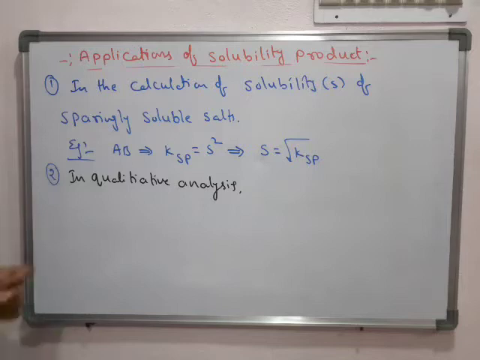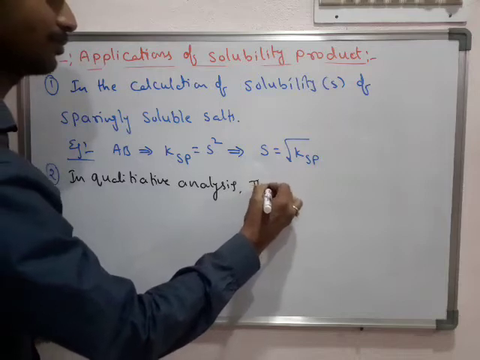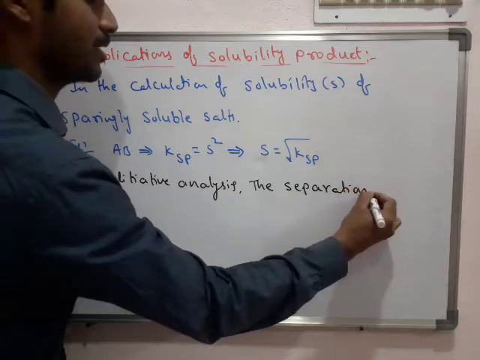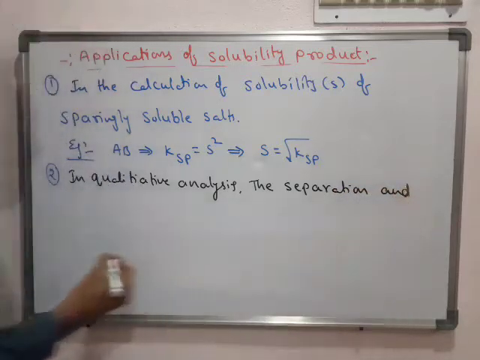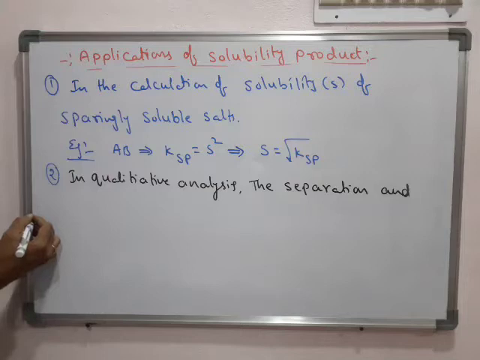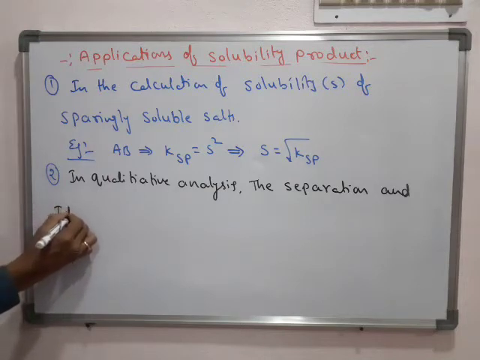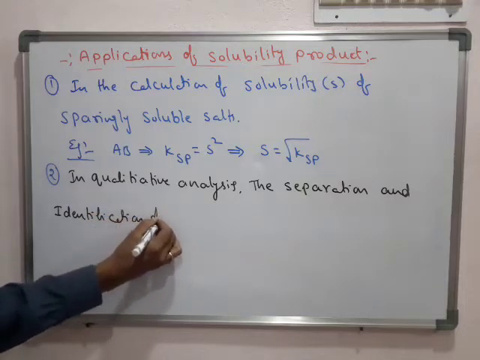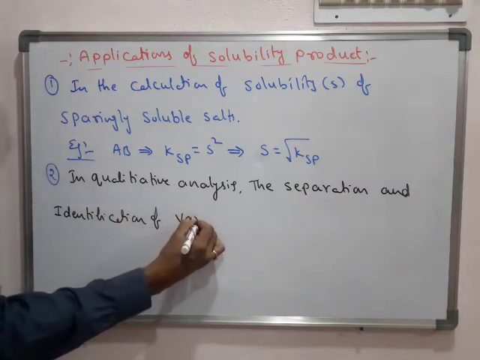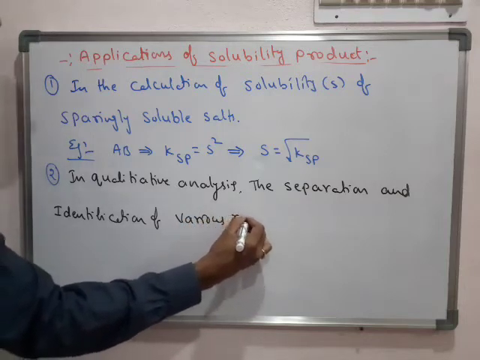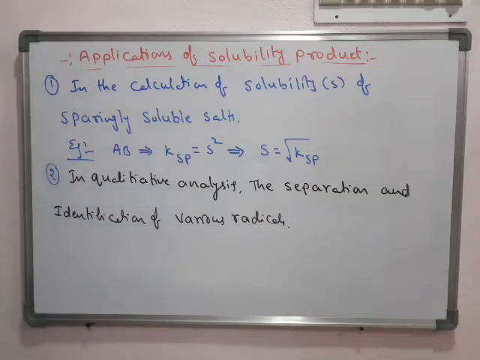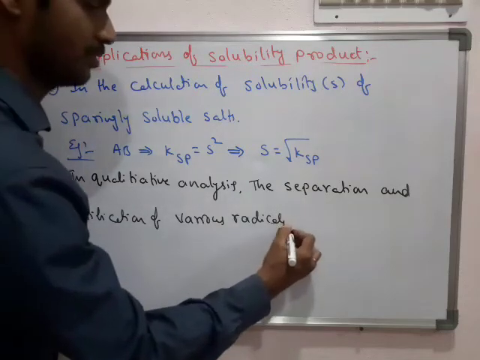So simply we can write: qualitative analysis involves separation and identification of various ions, many number of ions. The word we use for ions is radicals, into different groups.